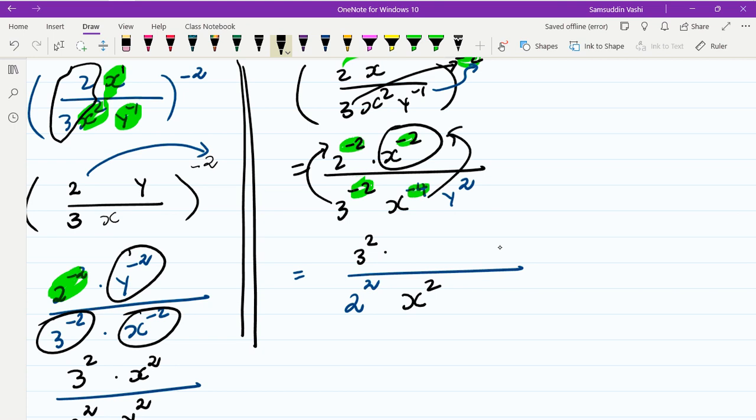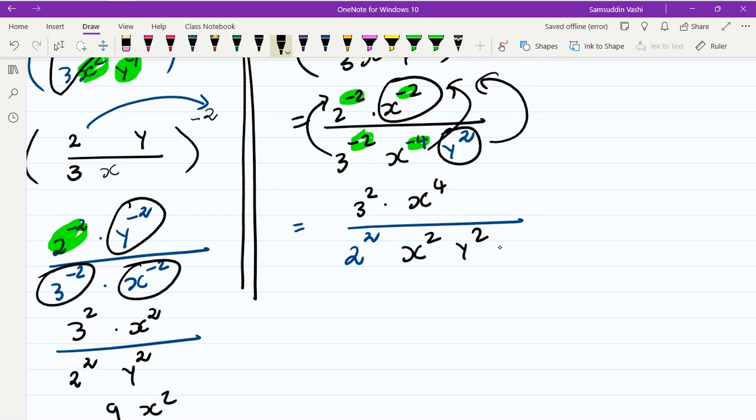Y to the power of negative 4, denominator to numerator. Y to the power of 2, denominator to numerator? No. Why not? It's not the negative power. It is a positive power. I don't have to change the place if it is a positive power.